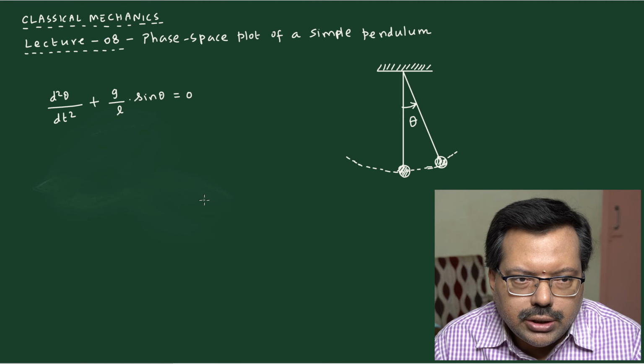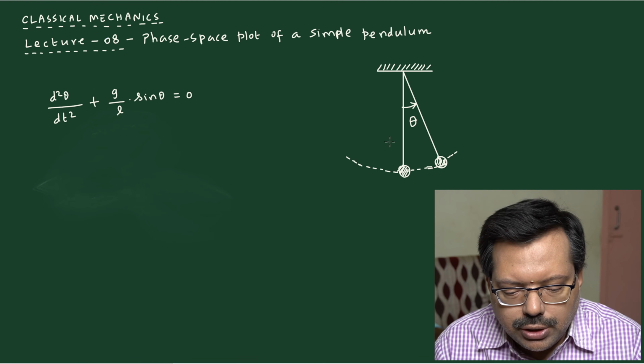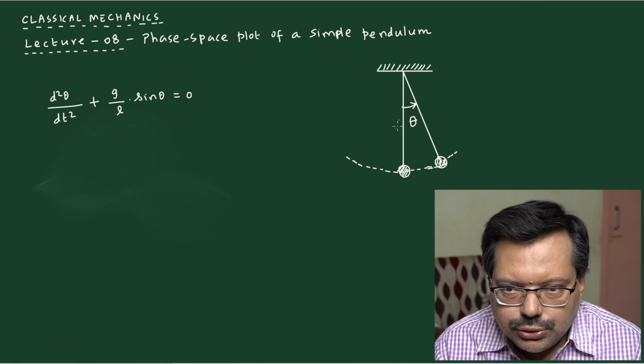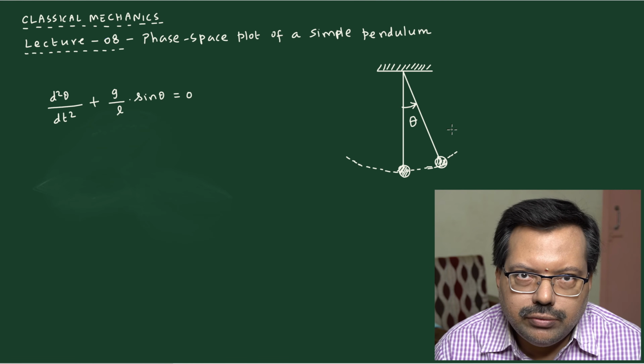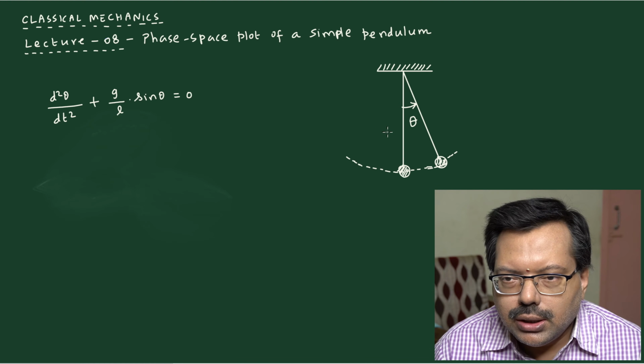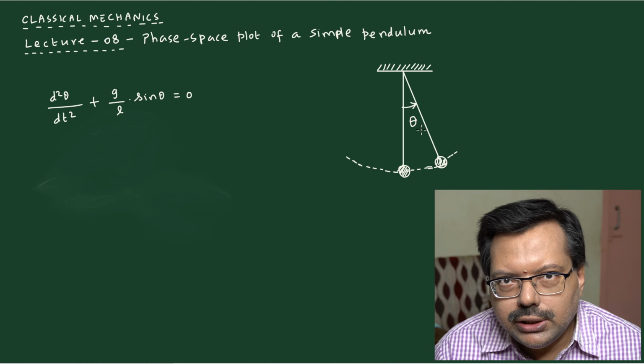Here I have written down the equation of motion, which means the differential equation of motion, and correspondingly I have also shown a representative diagram. Both are quite familiar to you. The number of degrees of freedom for the system is only 1, and that is theta.